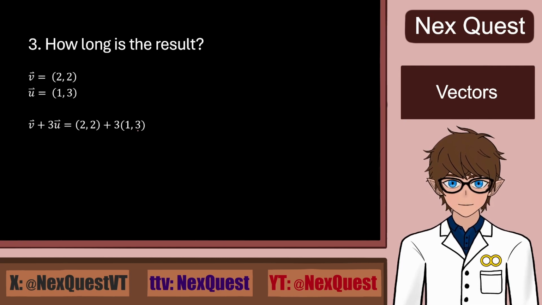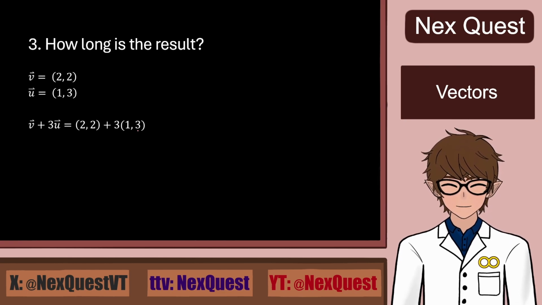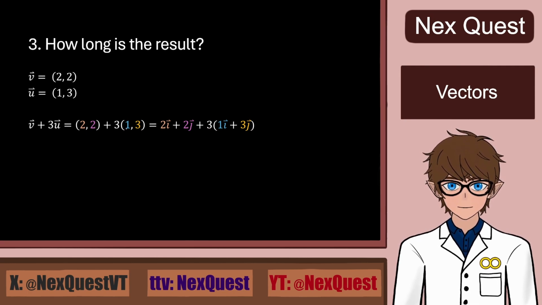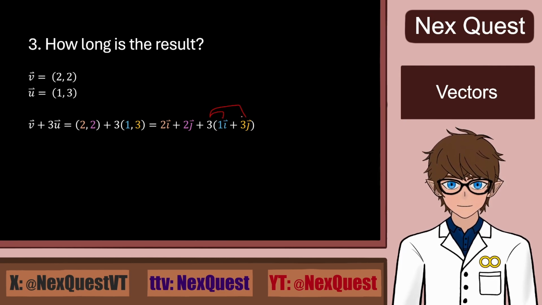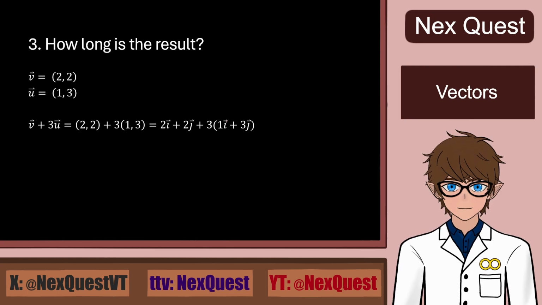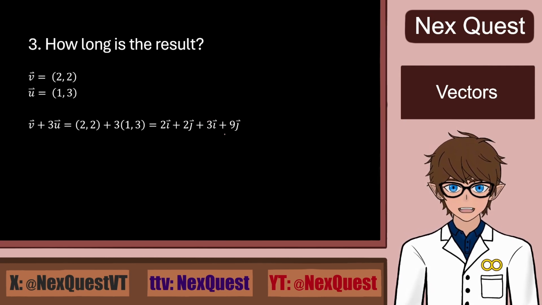Now I'll use unit vectors to solve this because it's slightly more mathy for the Minitest. So 2i plus 2j plus 3 times bracket 1i plus 3j. And now we just multiply this 3 to each of these two because those are simple rules. Oh yeah, I multiply. Am I dumb? I am, yes. I multiply it to each of them.